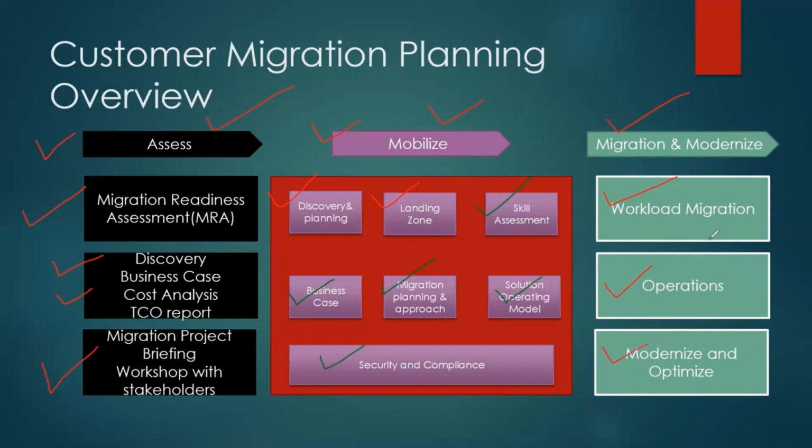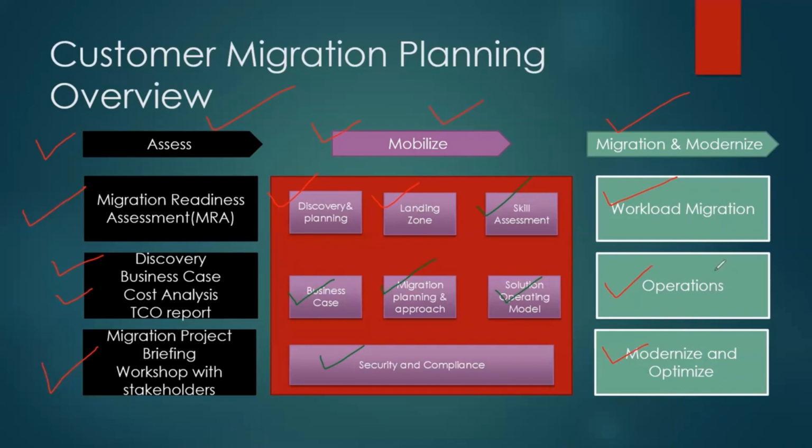Modernizing, I mean to say, moving the current infrastructure. Like in lift and shift, we migrate the servers to EC2 instances, but that's not the correct way of leveraging the AWS cloud services or the cloud benefits.